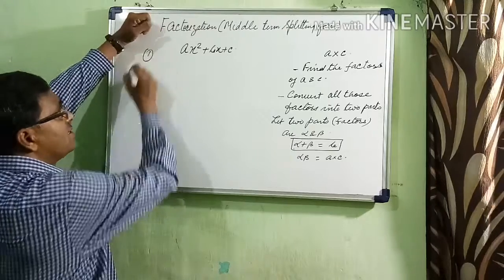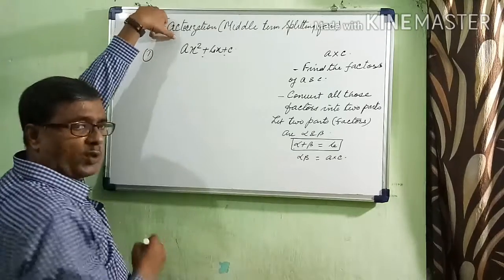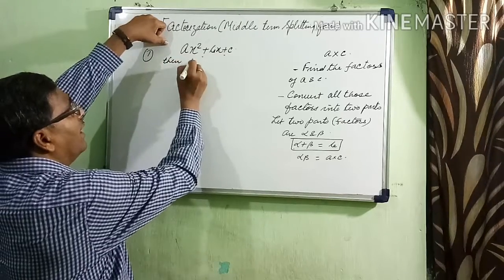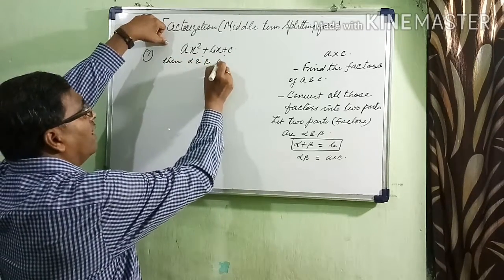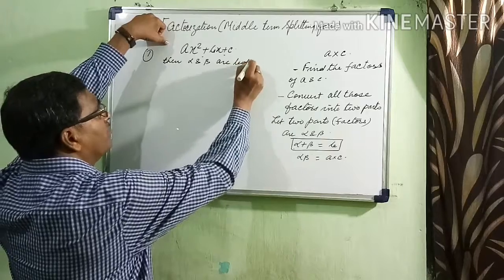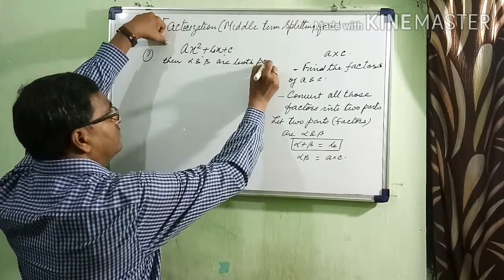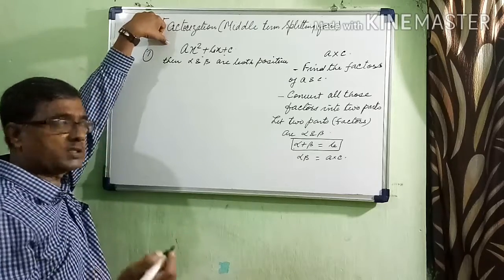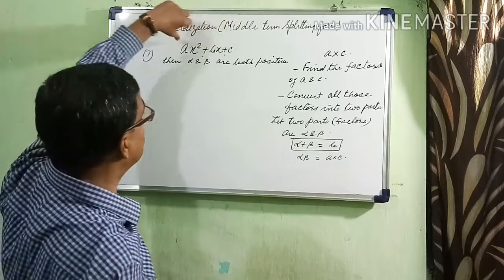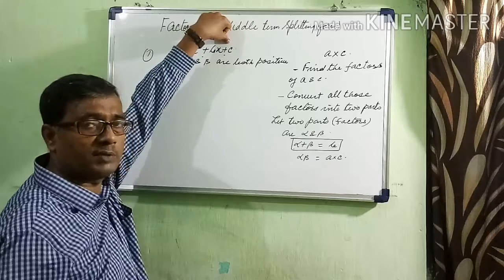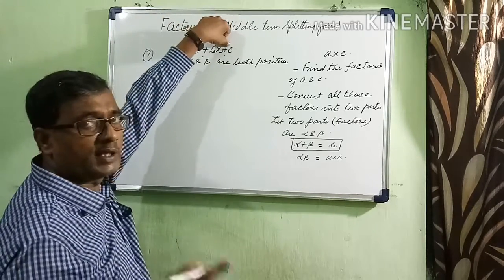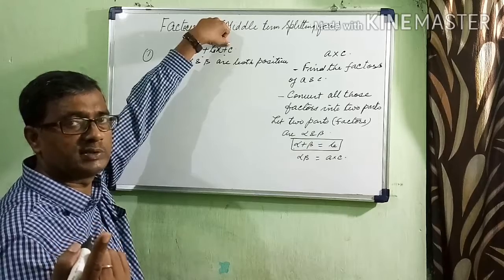First case: if this is positive, then alpha and beta are both positive, because positive into positive will be positive. But remember, if c is negative, then again you will have 2 parts.